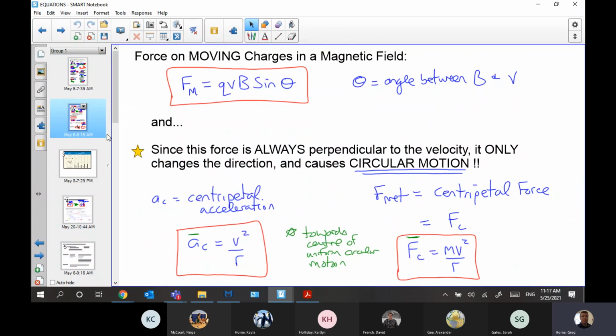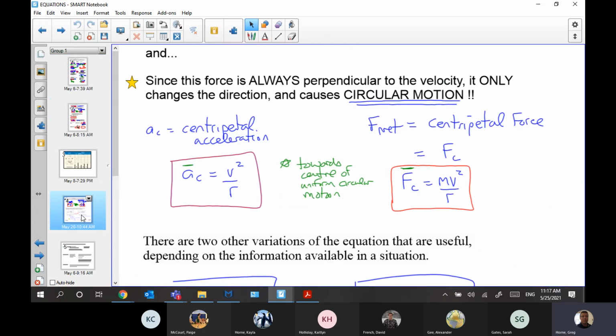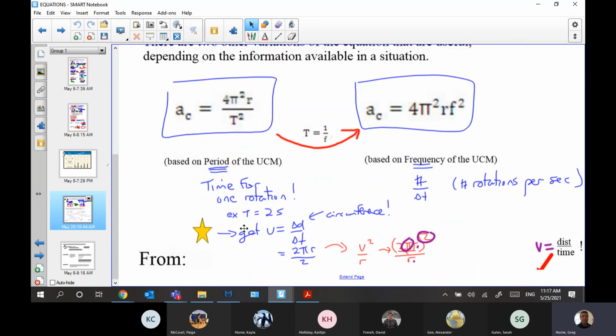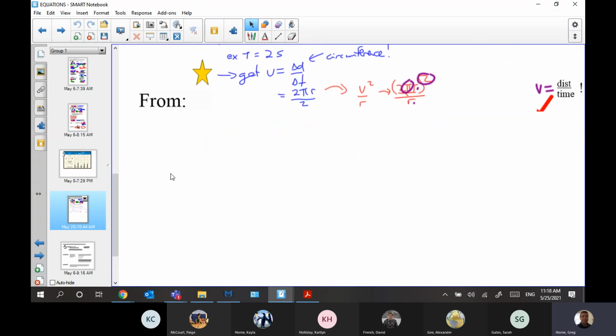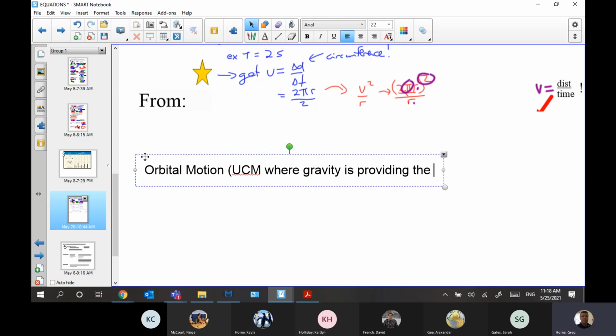So let's go with, where should I put this thing? So there's our regular circular motion stuff, and then we can add to this now orbital motion. So let's just point out, of course, that that's uniform circular motion where gravity is providing the centripetal force.